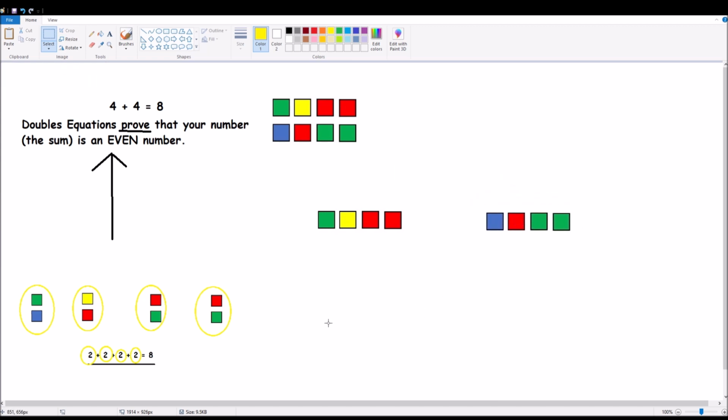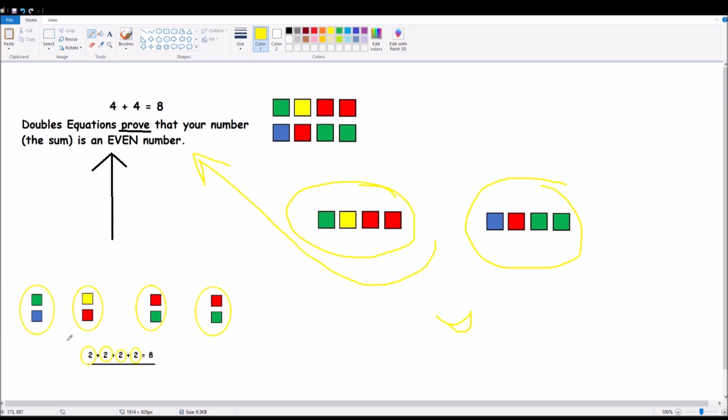Again, we're getting back to the idea that you want to prove by using your doubles equation up here. Your doubles equation shows 4 and 4. Kind of looks like a face. Woohoo!